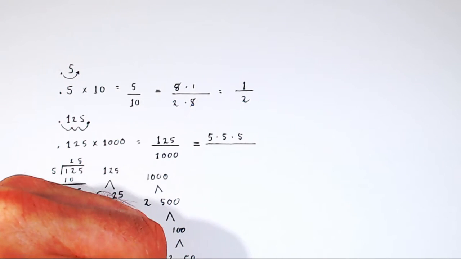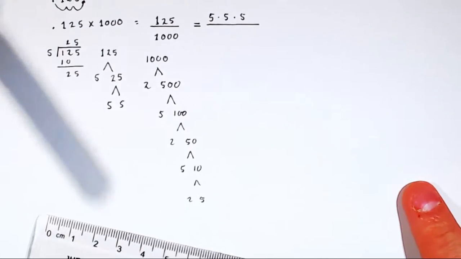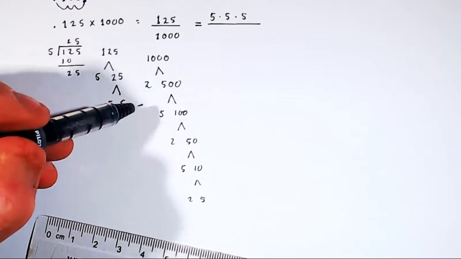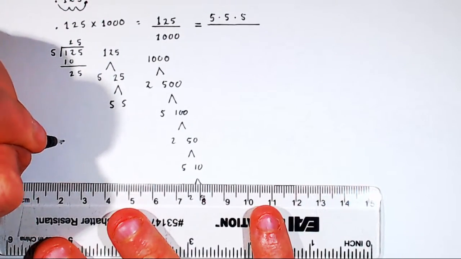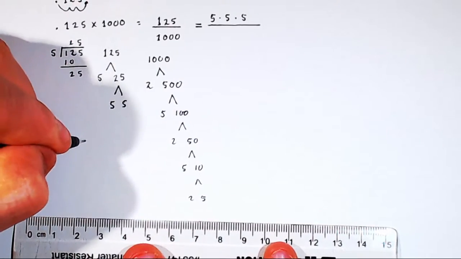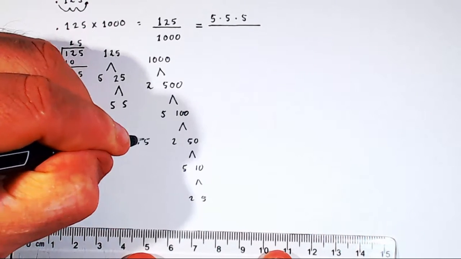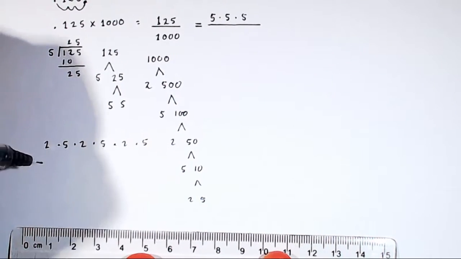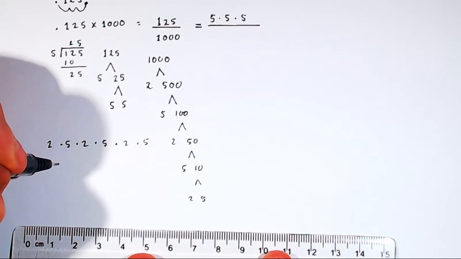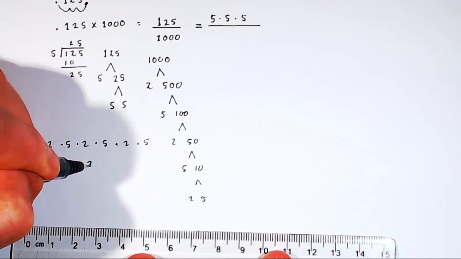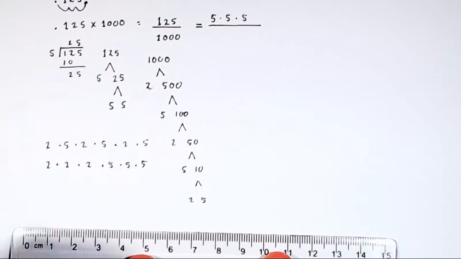And 10 can be written as 2 times 5. I wrote so fast it wrote right off the page. We can gather these terms together: we have a 2 times a 5 times a 2 times a 5 times a 2 times a 5. It might be helpful to rearrange these so that the 2s are together and the 5s are together: 2 times 2 times 2 times 5 times 5 times 5.